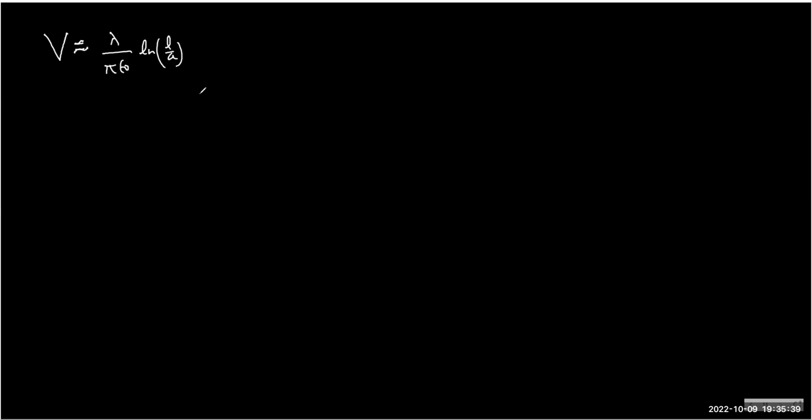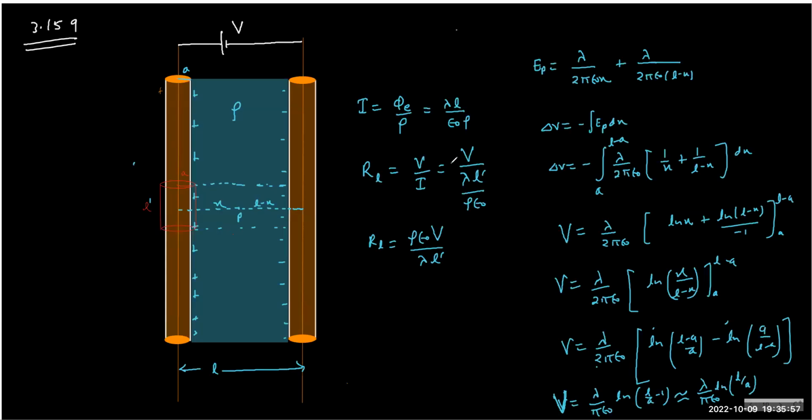We need the resistance per unit length. So we need to find the current. So we can write the current as sigma... No, why did we get the below answer? I think I made some mistake below. Flux is P into... some mistake I made.